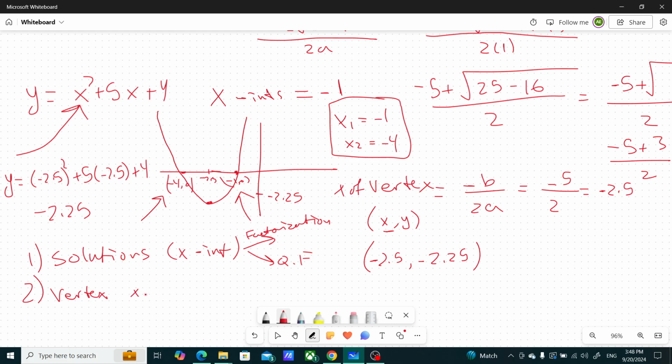So the x of vertex is equal to minus b over 2a. And then when I find the x, I can substitute in the original function to find the y. And now I found the two important things. And obviously the third and most important and most easy thing is, does it open up or down? These are the three things we need. Open up when a is positive and opens down when a is negative. Okay, right.